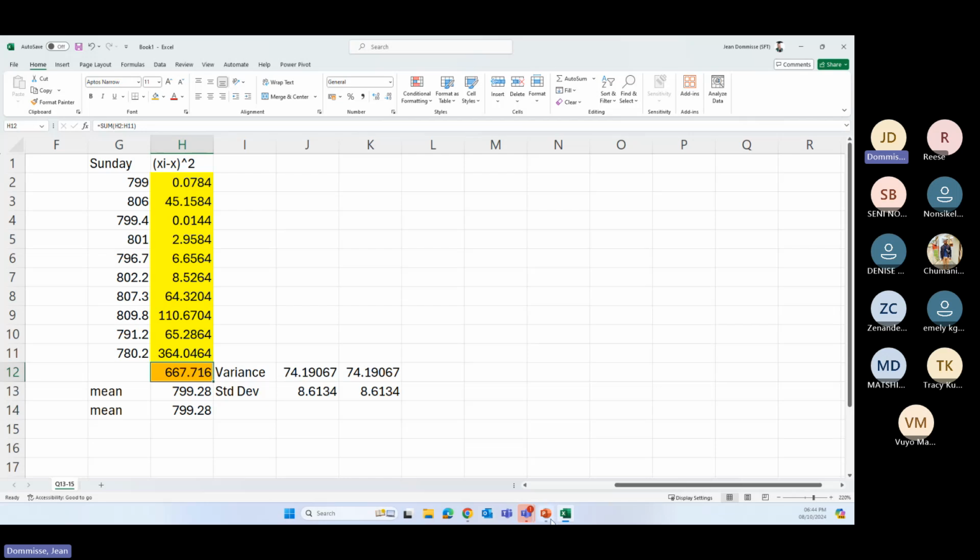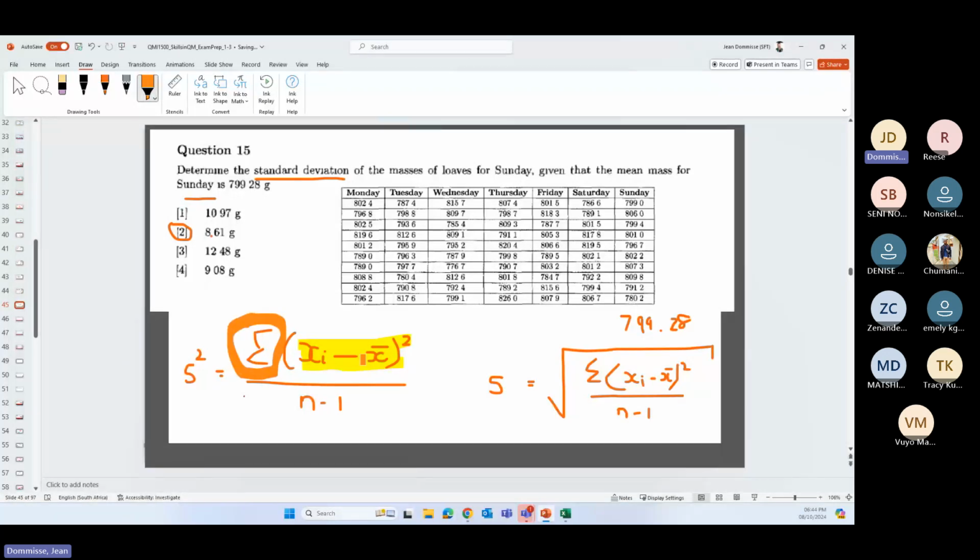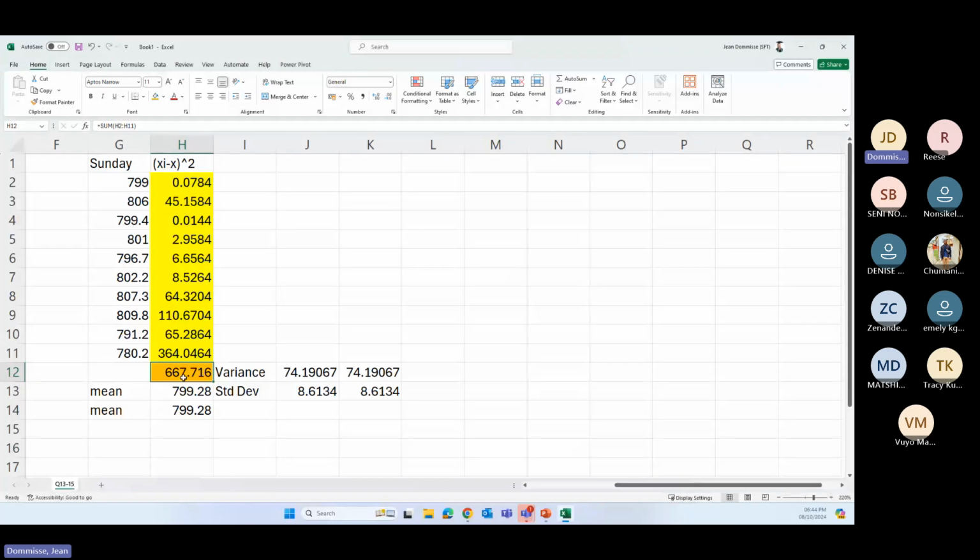So this is the orange component. That is the sum of all of them. That is what I did here, the sum of all of them. And then the variance is the sum of all of them divided by n minus, sorry, 10 minus 1.